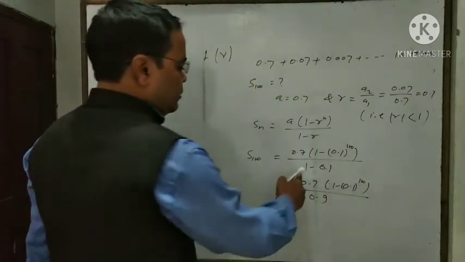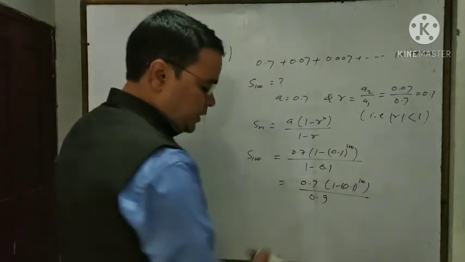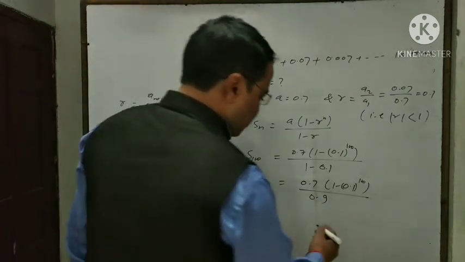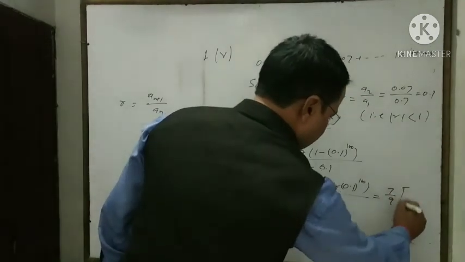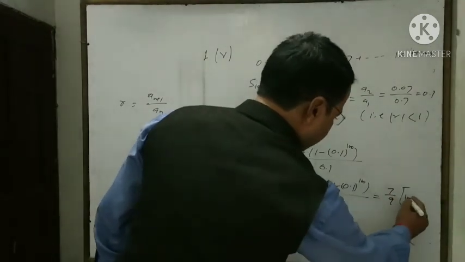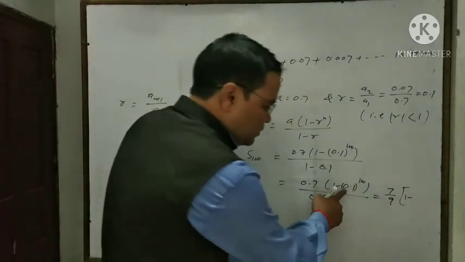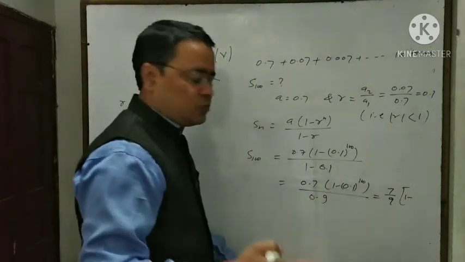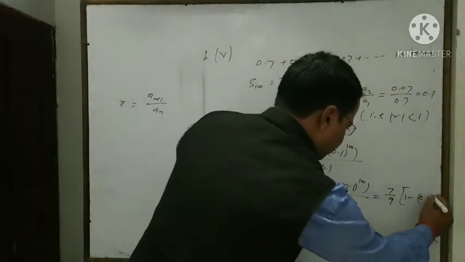Why? Because when 0.1 is subtracted from 1, it gives 0.9. And finally, we get the answer like this: 7 by 9, and here 1 minus, in place of 0.1, what can we write? In place of 0.1, we can write 1 by 10.